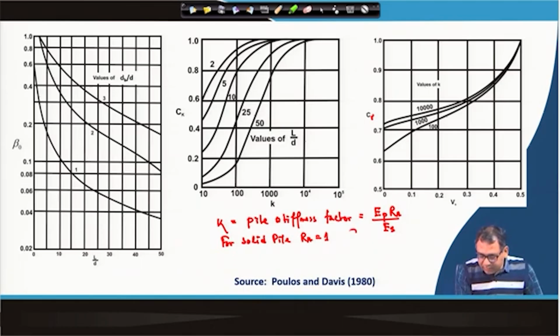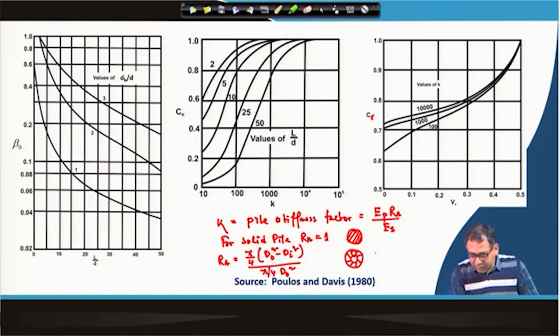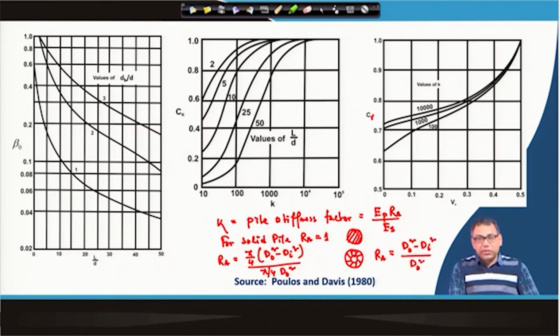For a hollow pile, Ra is equal to pi by 4 (d0 square minus di square) divided by pi by 4 d0 square, where d0 is the outer diameter of the pile and di is the inner diameter of the pile.